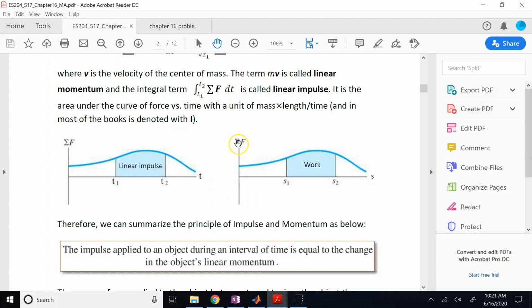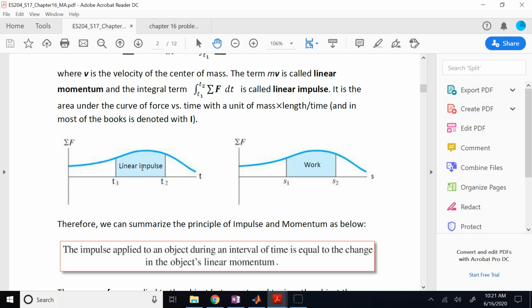Remember, the area under the curve of force versus position was work, and that was a scalar quantity. The unit for that was Newton meter or joules. Here, this is the integral of force versus time. It is a vector quantity, so linear impulse is not a scalar, it is a vector. The unit for that is Newton second.